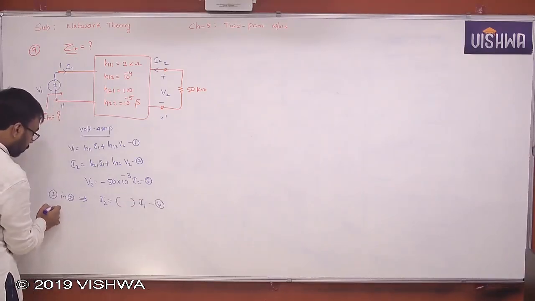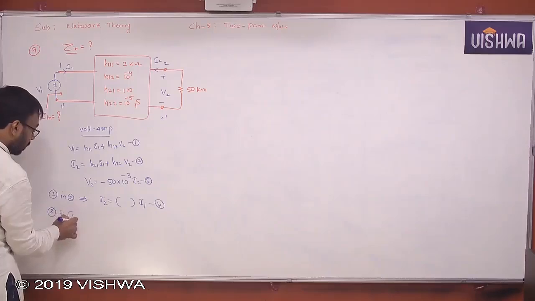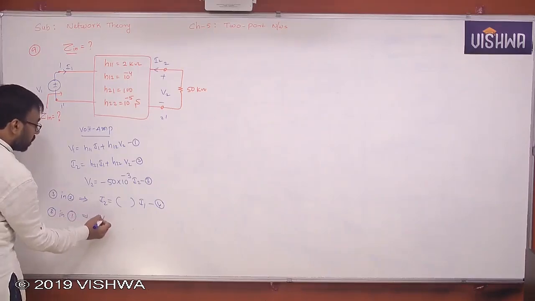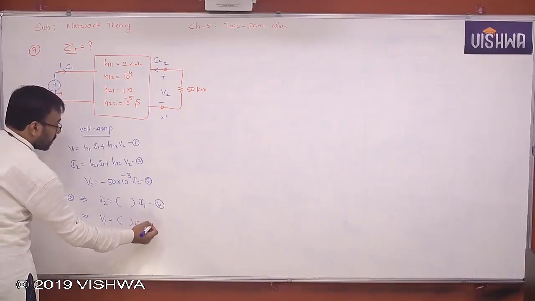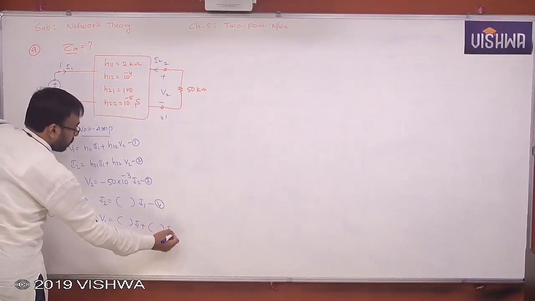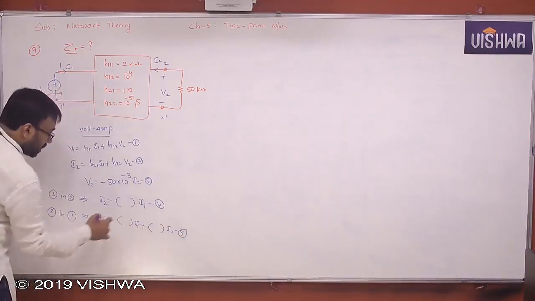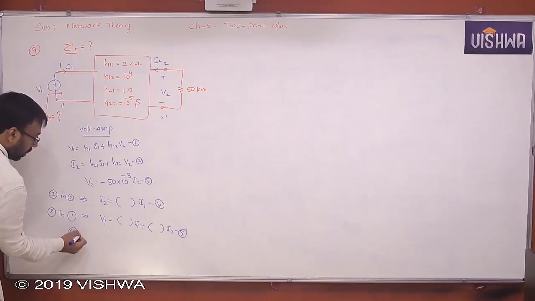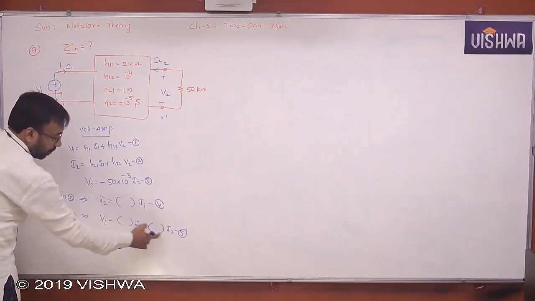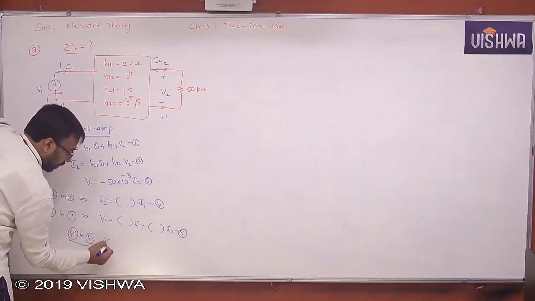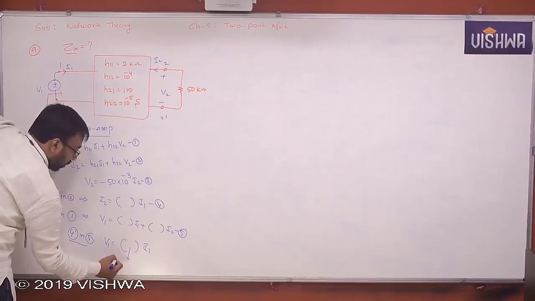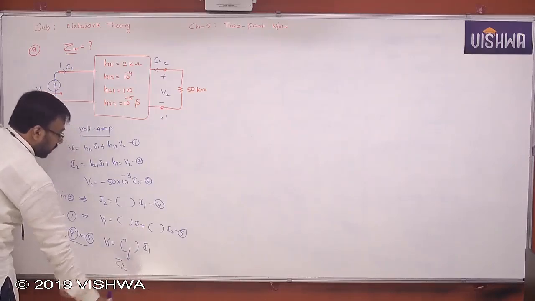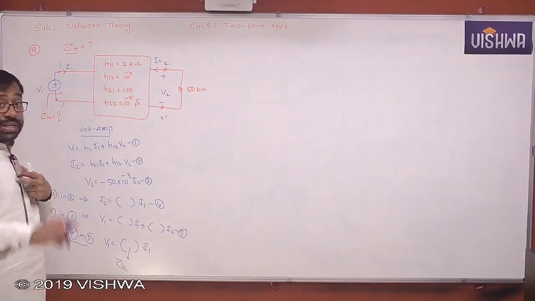And if you substitute 3 in 1, then you will get V1 is equal to something into I1 plus something into I2. This is 5. Now again substitute this 4 in 5, eliminating this I2. Yes or no? Entire equation will be in terms of V1 is equal to something into I1. This is what you require, Zin. I guess you understand this, okay?